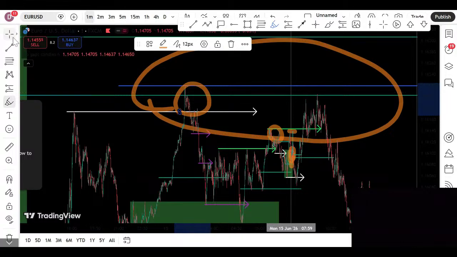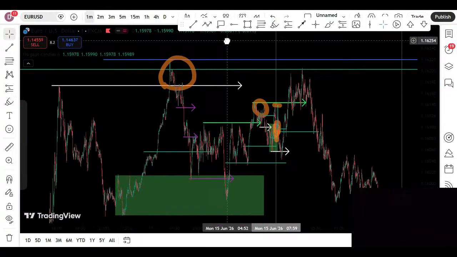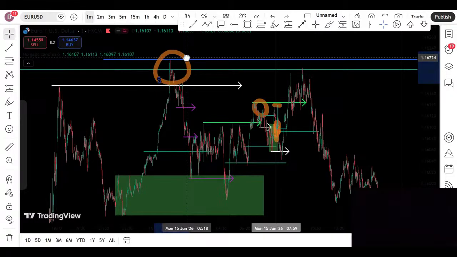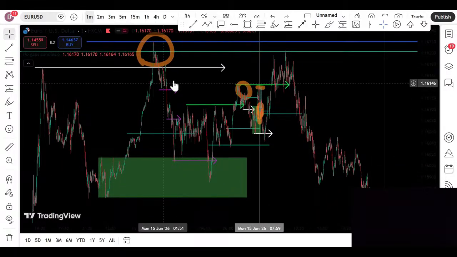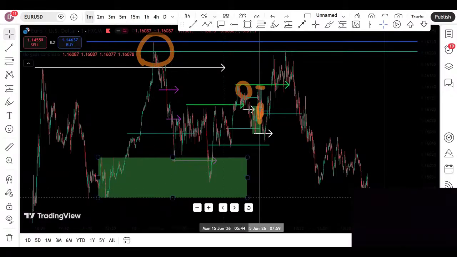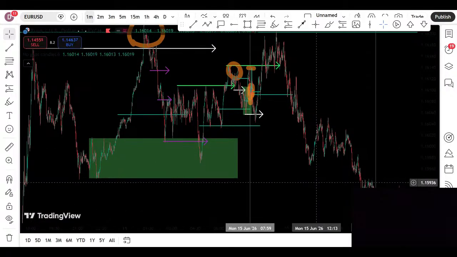It's a high time frame tap, and if you have that risk tolerance, you can take a 1 to 1 from there somewhere down here.